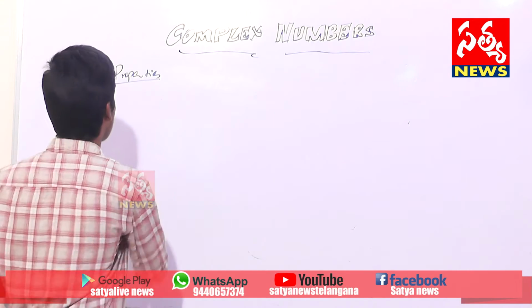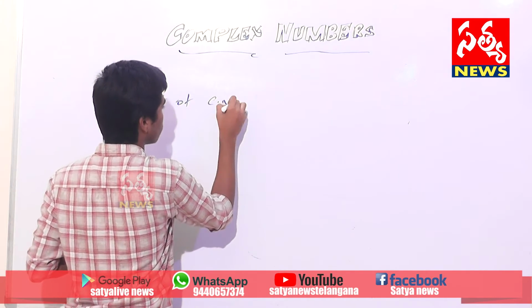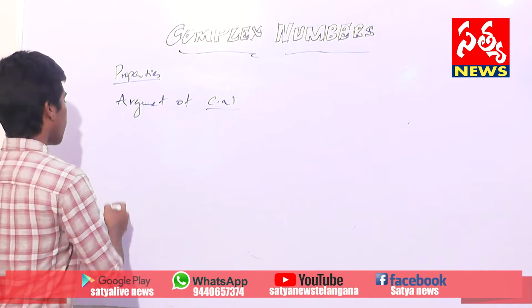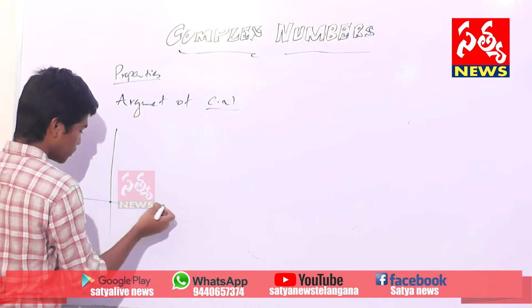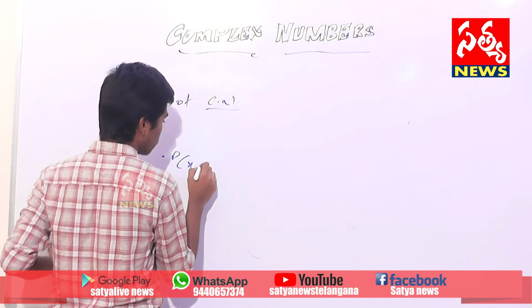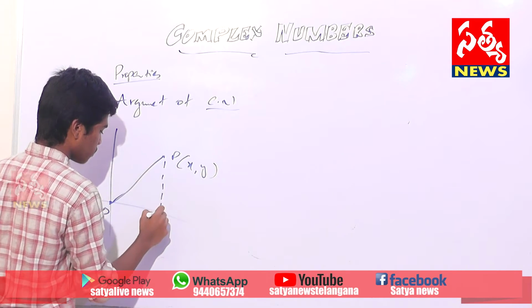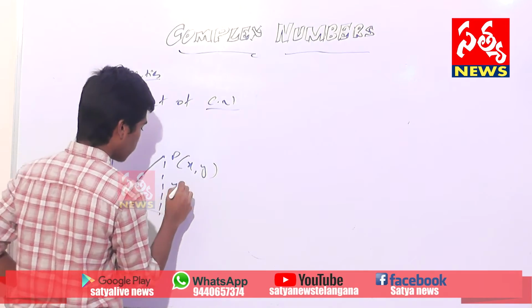The next is argument of a complex number. Argument is nothing but angle. See here, this is a complex plane. O is the origin and P is a point x comma y. This is x and this is y.